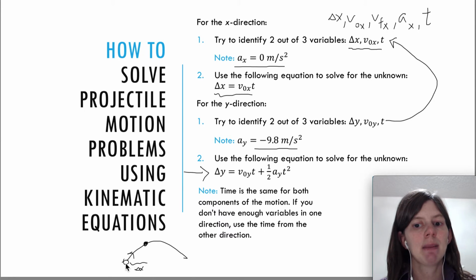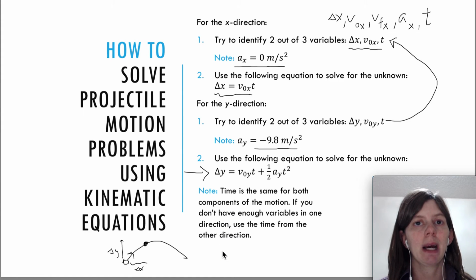In that amount of time that it traveled this far, well, look how high it traveled, that high. So you can see that this delta x, the time that it takes to travel, is the same time that it takes to travel this delta y. So a lot of times you're going to solve for time in one direction and use that time for the other direction. So that's all I have for this video.